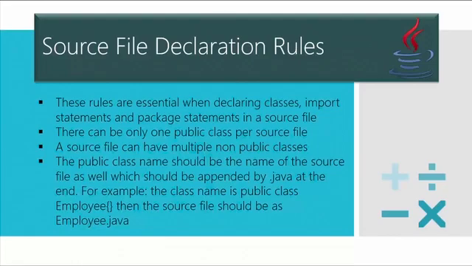A source file can have multiple non-public classes, however, and the public class name should be the name of the source file as well, appended by .java at the end. So for example, if the class is public class Employee, then the source file should also be called Employee.java. So you need to remember the source file declaration rules.